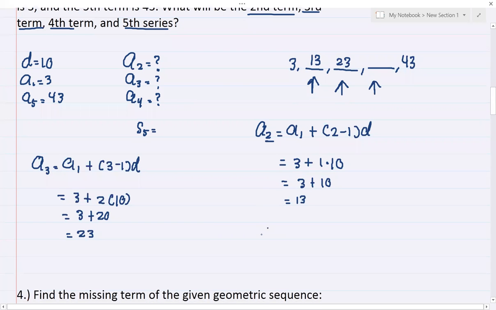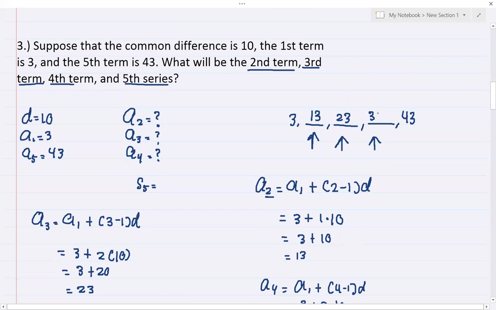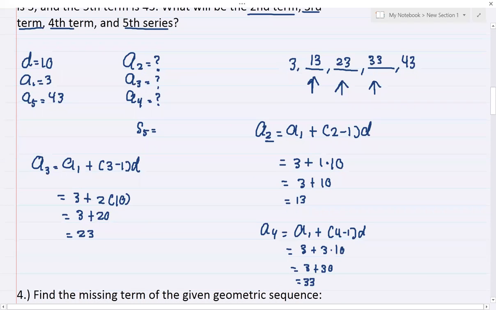Now lastly, a sub 4. For a sub 4, a sub 1 plus 4 minus 1, d. Substitute: a sub 1 is 3 plus 4 minus 1 is 3 times d is your 10. So you will have 3 plus 30, which is equal to 33. That is your a sub 4.